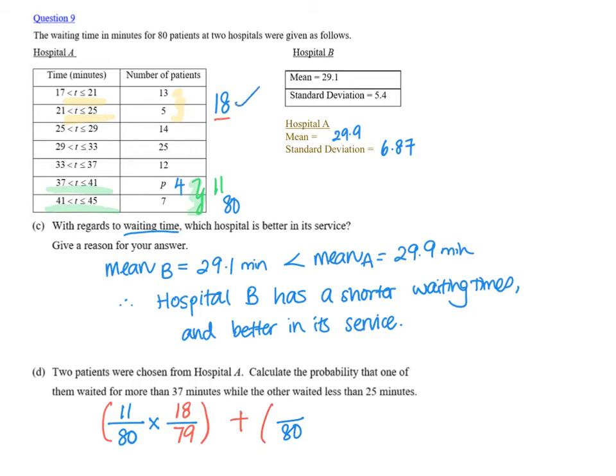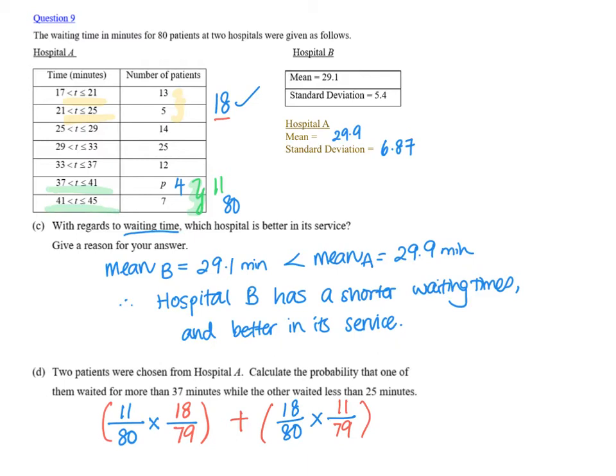So number of patients less than 25 minutes will be 18. And then now I'm going to pick the second patient out of a total of 79. And this time round, I'm going to pick the order where it's more than 37 minutes now. So in this case, there will be 11 patients that meet this criteria.